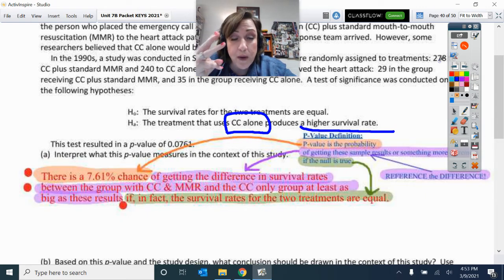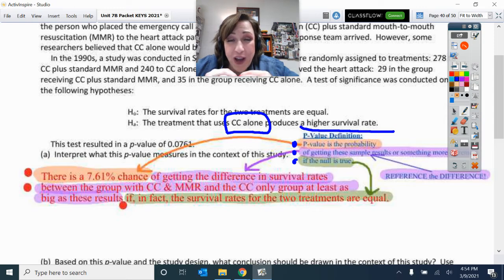So that's the 3 parts to our p-value definition. The p-value is the probability of getting this sample or something more extreme if the null is true. Those are the 3 parts I have listed right here. So there's a 7.61% chance, that's the p-value, of getting this difference in survival rates.